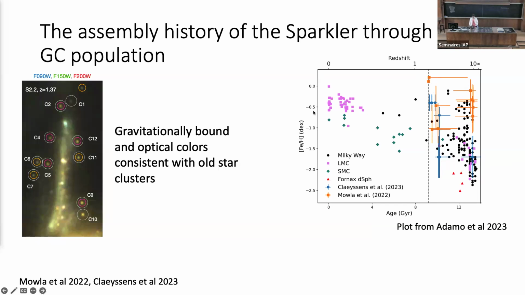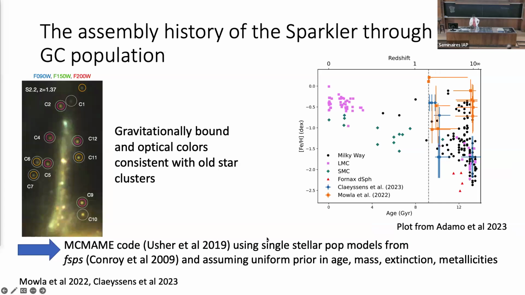When compared to the cloud of the Milky Way globular clusters, this is metal enrichment versus age of the globular clusters in the Milky Way. It was weird that this galaxy seems to have only metal-rich globular clusters. So what we did, we went and fitted this globular cluster at redshift 1.4 using the same tool that we use for redshift 0.